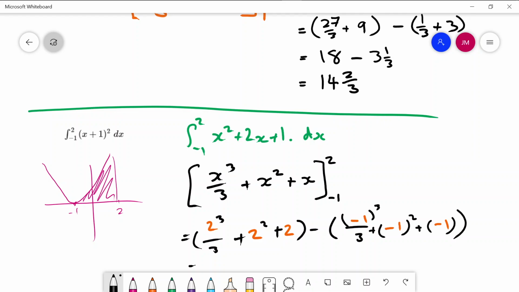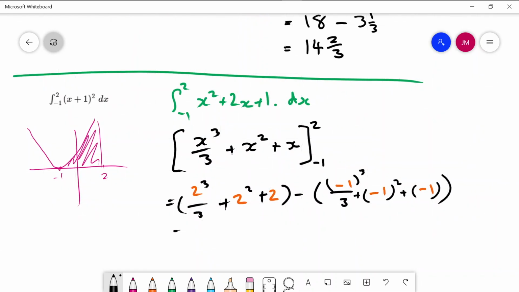So following through, 2 cubed is 8 on 3 plus 4 plus 2 minus negative 1 cubed is minus 1, so it's minus 1/3 plus 1 minus 1, so they'll cancel off.